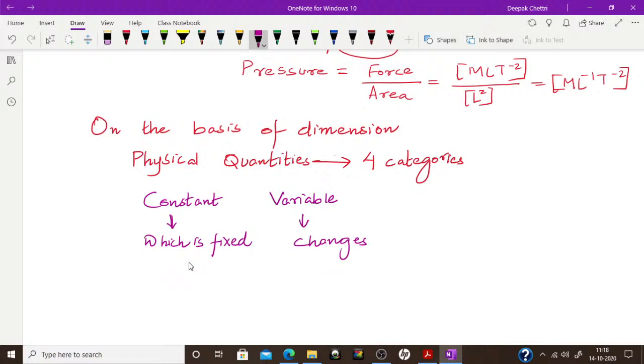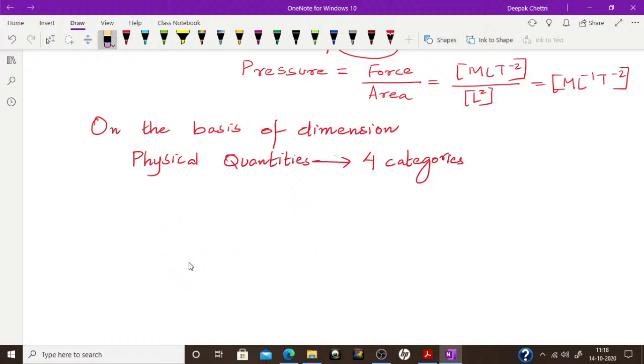Now, on the basis of dimensions, you can have four categories of physical quantities. The first category is dimensional variables.